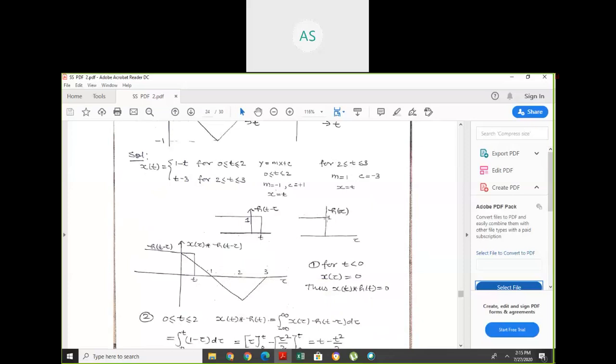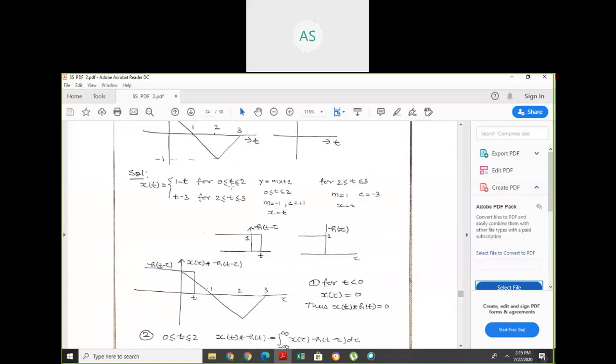Then take the mirror image of h of tau. You get the graph of h of minus tau, and then delay this graph, or shift this graph towards the left. You get h of t minus tau. Then multiply this graph with this graph. First is this.